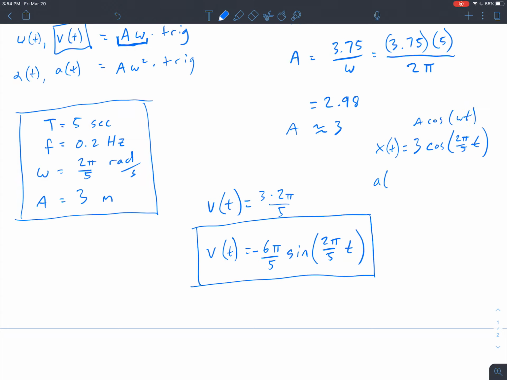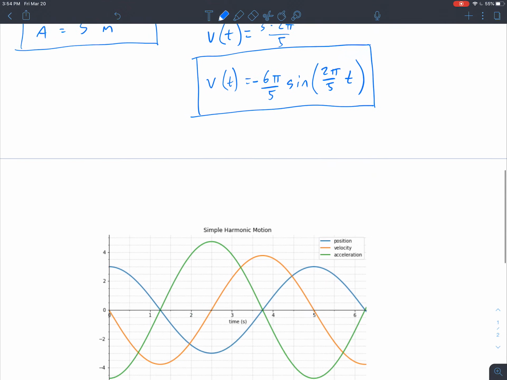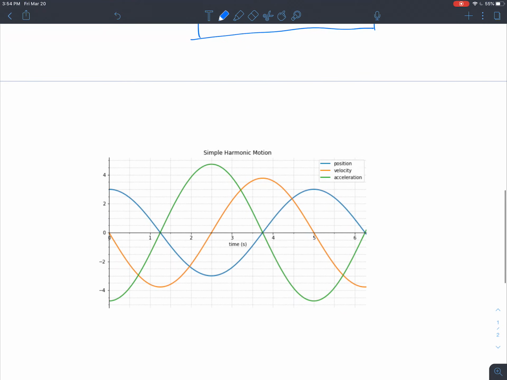And our acceleration would be minus 3 omega squared sine omega t. And omega is just this over here, so you can plug that in if you want to. Anyways, we scroll down, and this is what they look like.